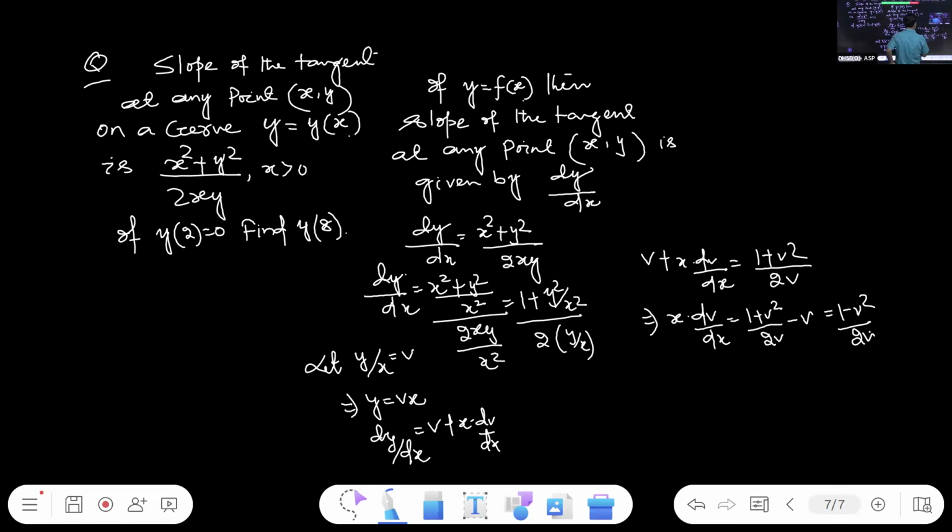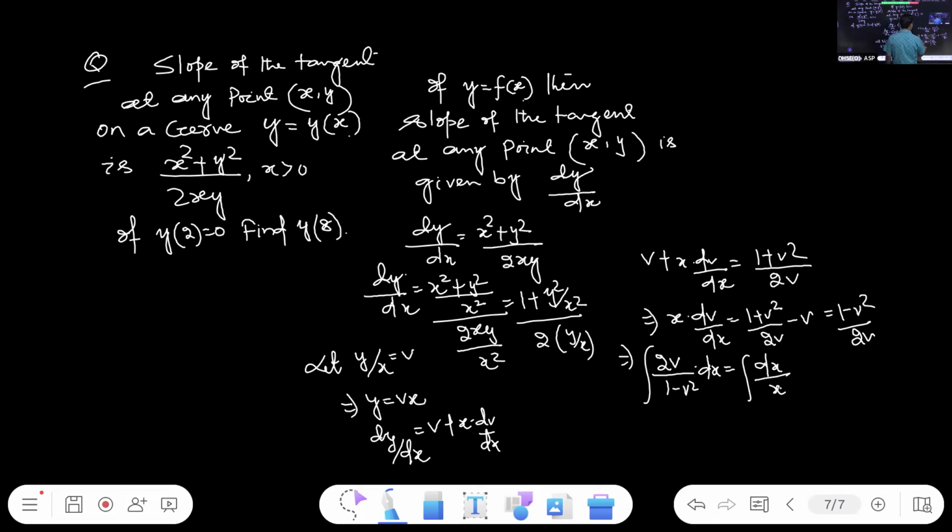So this implies integral 2v upon (1 minus v square) dv is equal to integral dx upon x. Derivative of 1 minus v square is minus 2v.